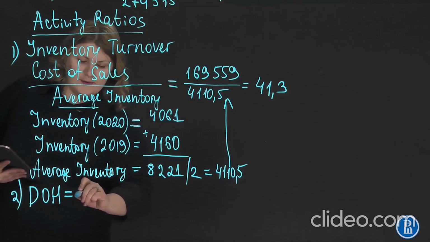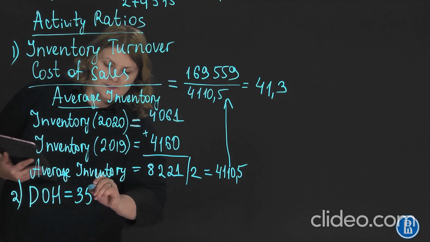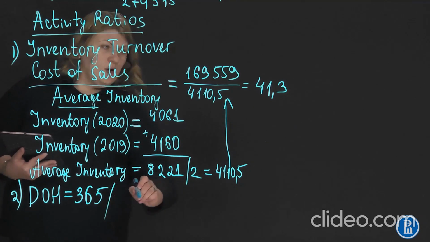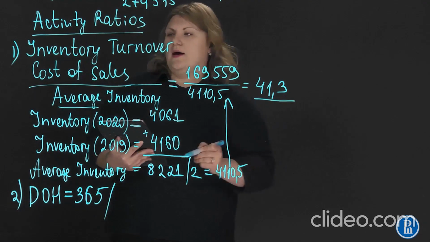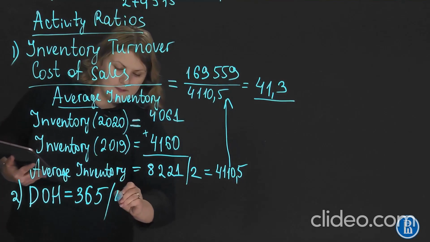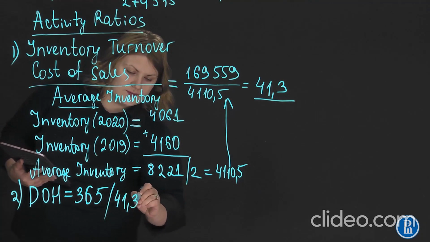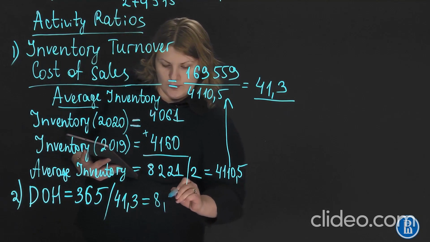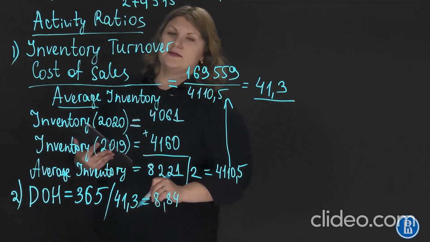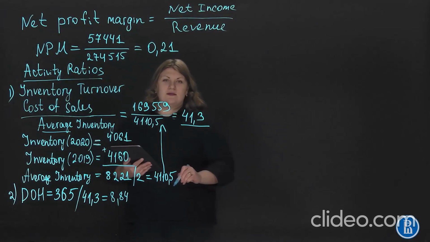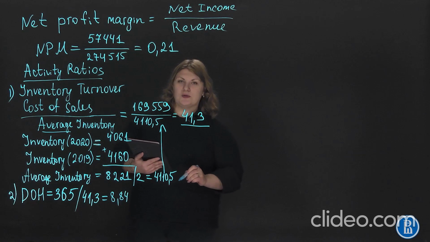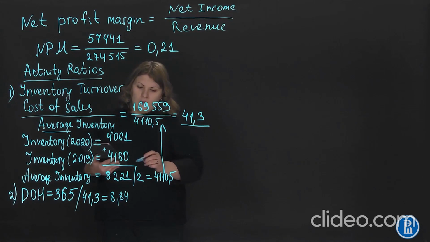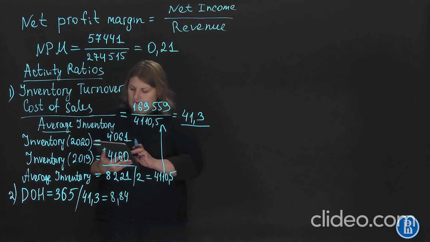And this can be simply found by dividing the number of days in the year, 365, over our inventory turnover, 41.3. And this gives us 8.84 as DOH, which means that the Apple company holds its inventory for approximately 8 or even 9 days, if rounded.